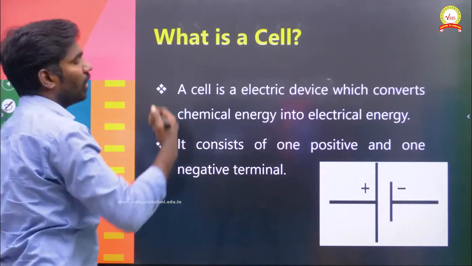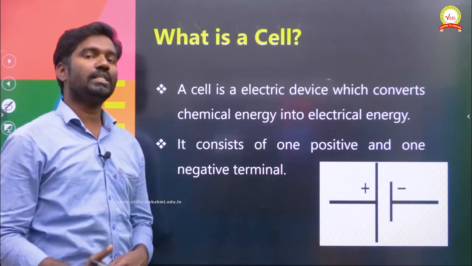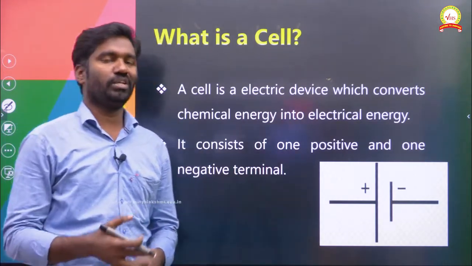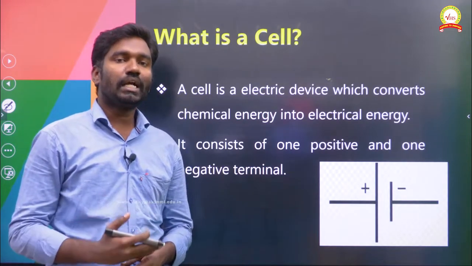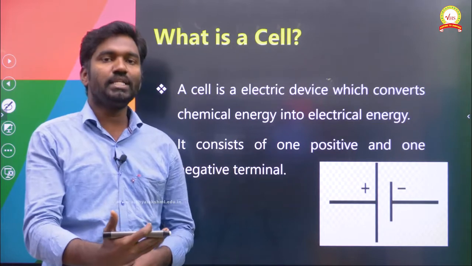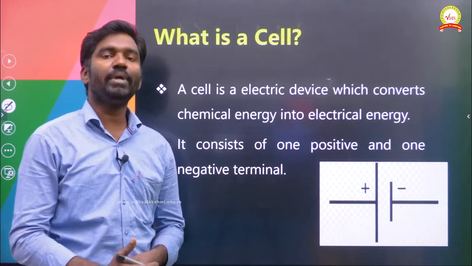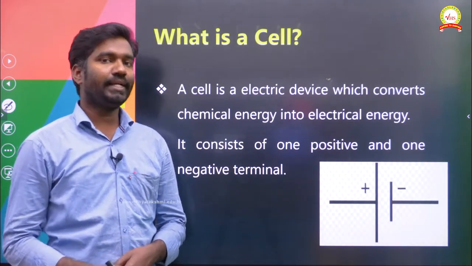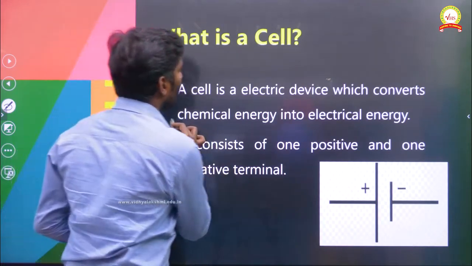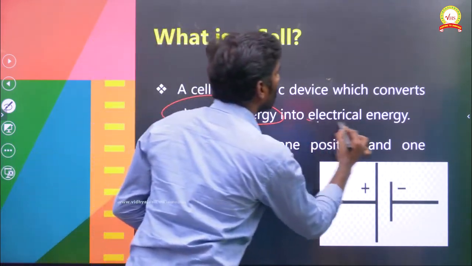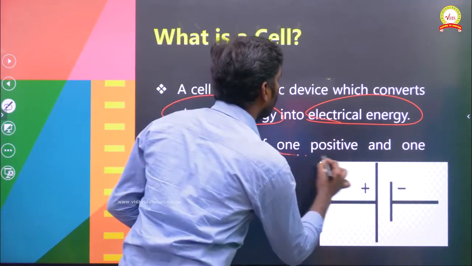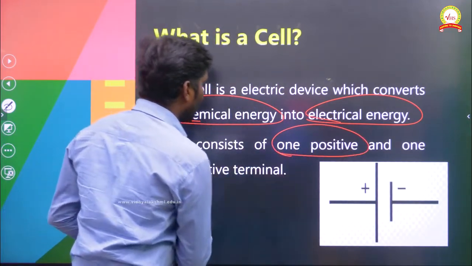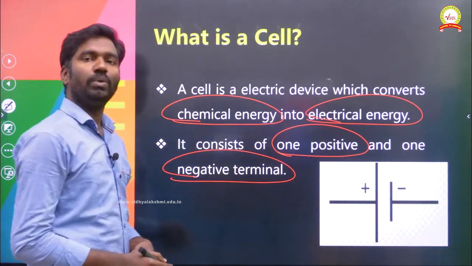So first we'll go along with the cell. What is meant by cell? In biology and chemistry we read about it in many places, right? So what is meant by cell in the physics part? It is an electrical device which converts the chemical energy into electrical energy. Clear? It converts the chemical energy into electrical energy, and it has only one positive terminal and one negative terminal.